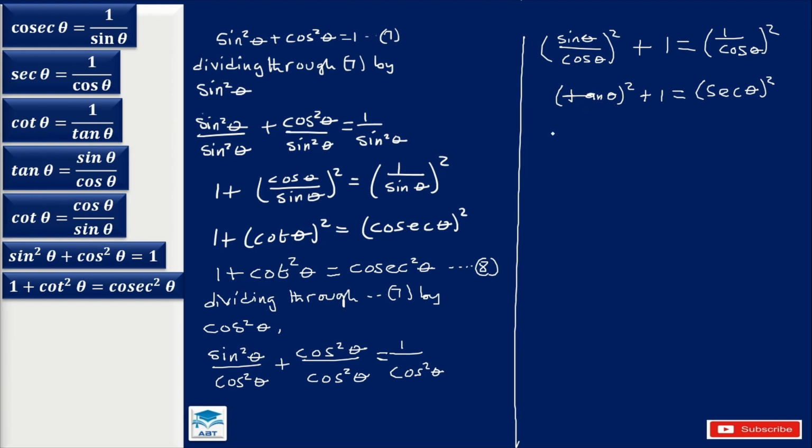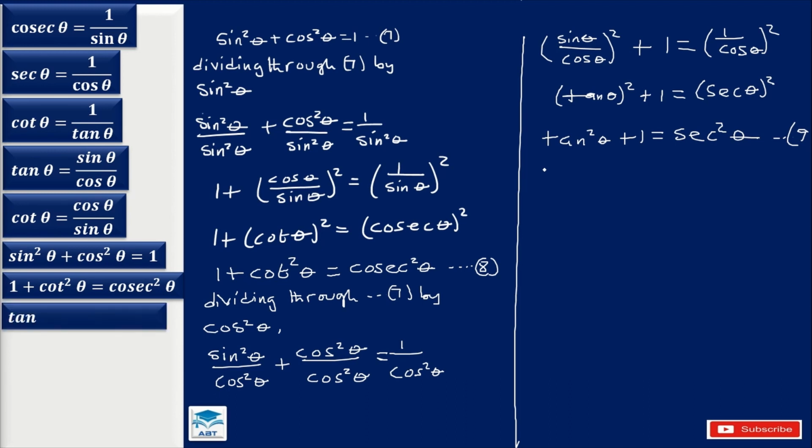So we can write this as tan square theta plus 1 is equal to sec square theta. This is equation 9. So we have this identity, tan square theta plus 1 is equal to sec square theta. And now let's solve some questions.